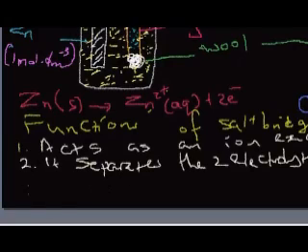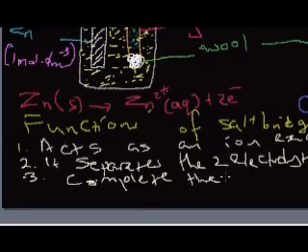So number 3, our salt bridge itself completes the circuit. So we are saying that the other function of our salt bridge is to complete the circuit, so that charge can flow from one half cell to the other.